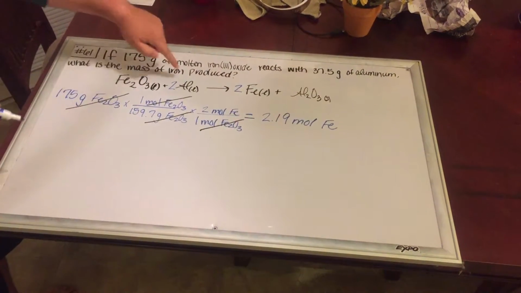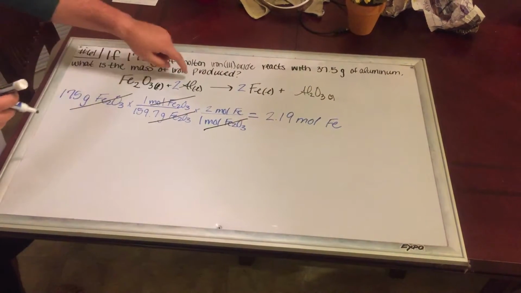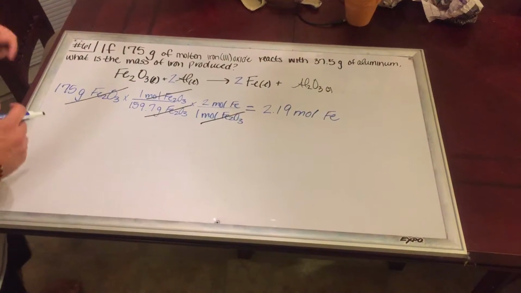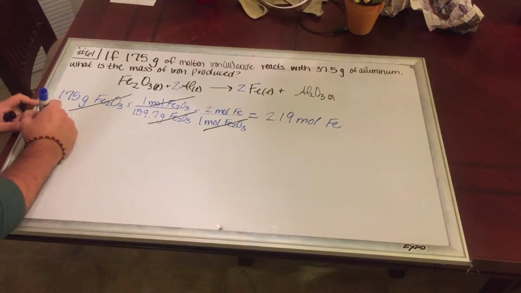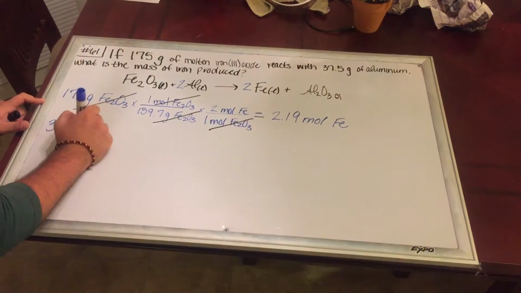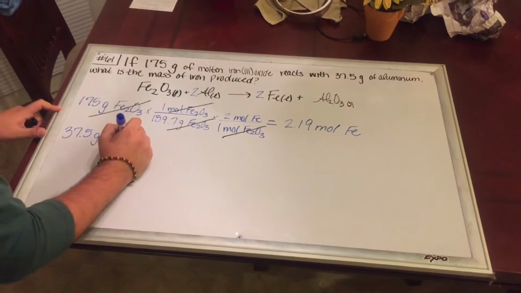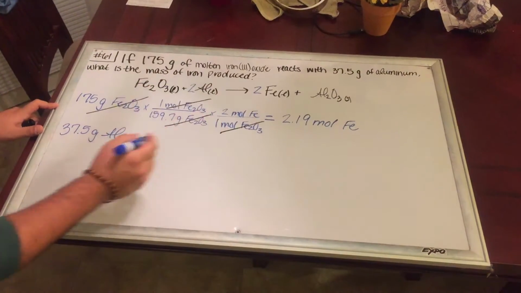Now, we need to do the same exact steps, but for aluminum. So I have 37.5 grams of aluminum. And now I need to do the same exact steps.